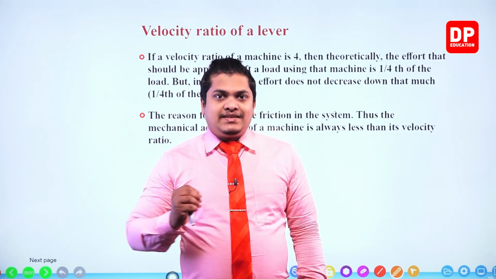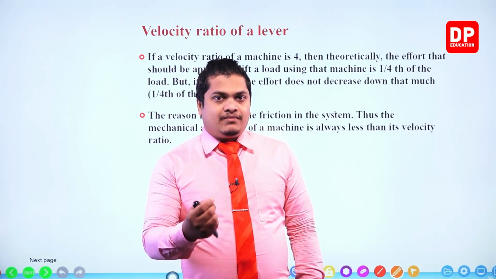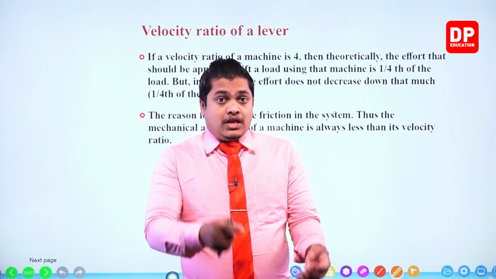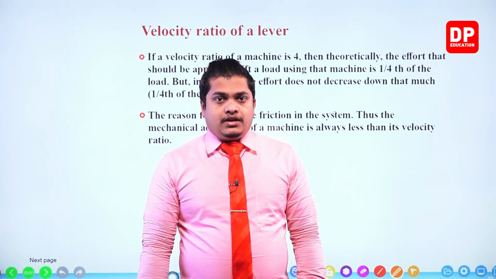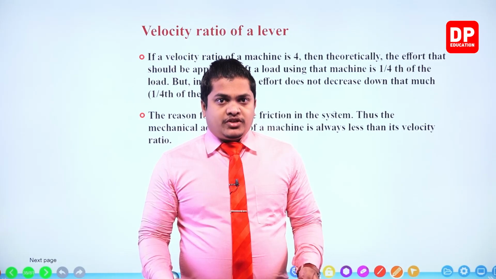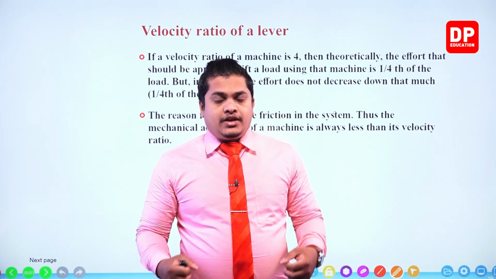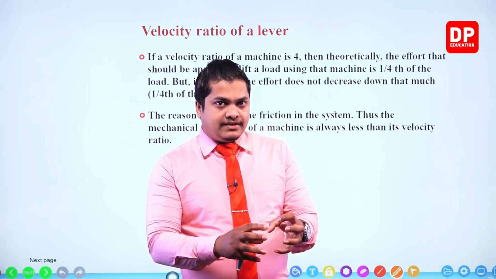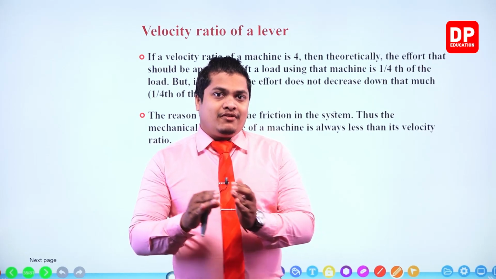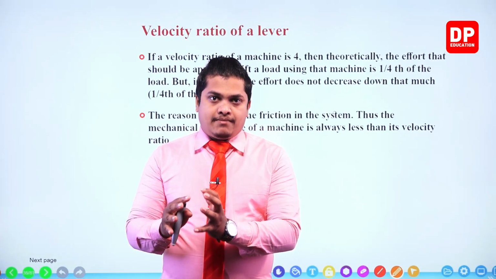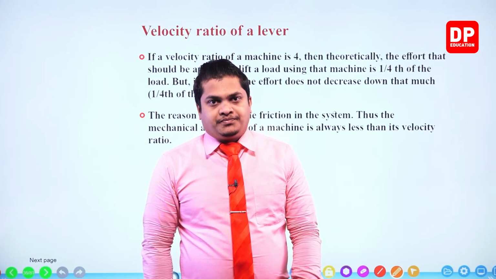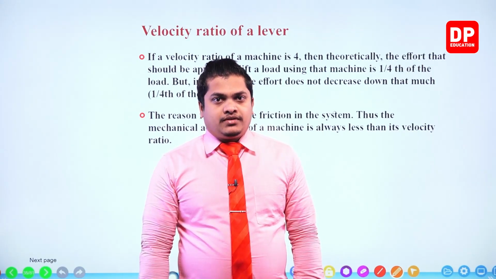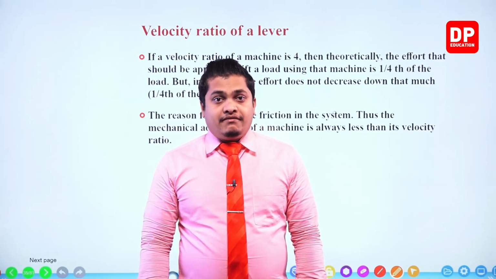When you take the reciprocal of the velocity ratio, that value gives the effort which needs to be applied at the other end in order to lift the load. So we take the value of the load and multiply it by the reciprocal obtained from the velocity ratio. That way, we can calculate how much effort is needed to lift that load.